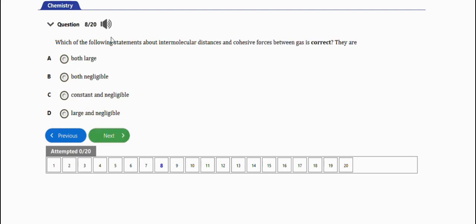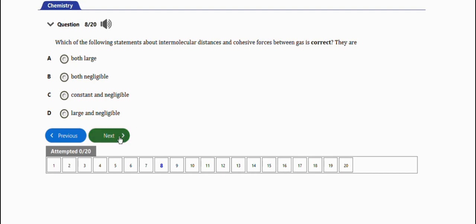It says, which of the following statements about intermolecular distances and cohesive forces between gas molecules is correct? They are both large, both negligible, constant and negligible, large and negligible. So the right option in this question is large and negligible, option D.